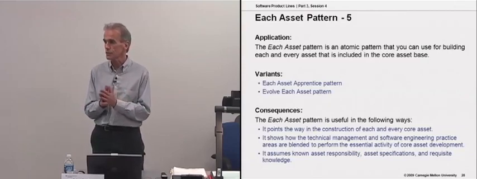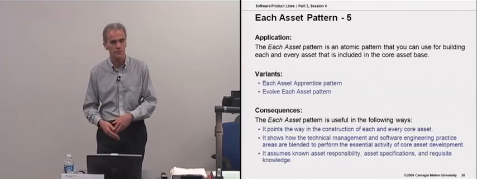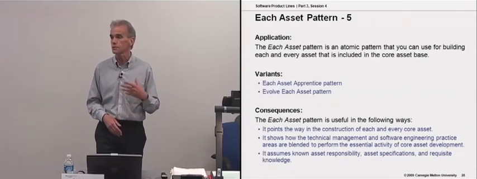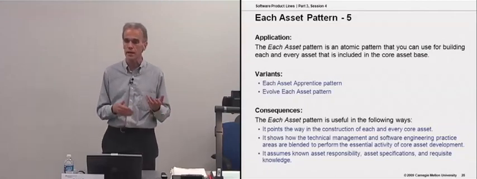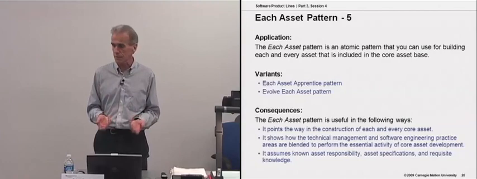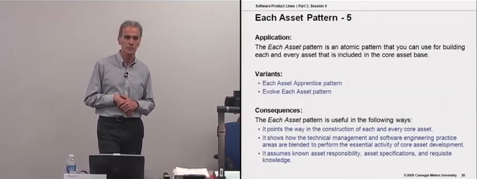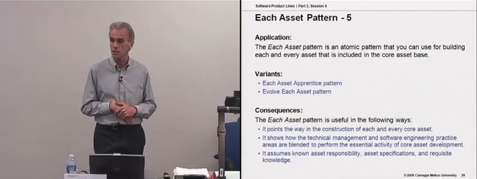So as the product line matures, assets will evolve, there'll be new features added, there'll be newer technologies employed. So any organization grappling with those issues is, in effect, enacting the evolve each asset variant of the each asset pattern.